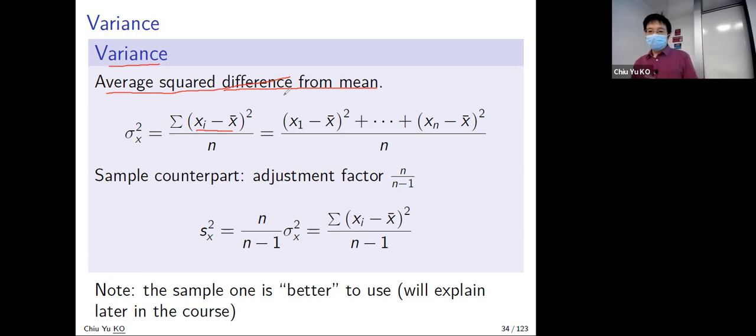One property here is that with the square, an outlier would have a much higher value, because 1 squared is 1, 2 squared is 4, 3 squared is 9, right? So if you are further away from the mean, this will expand a lot, exaggerated.